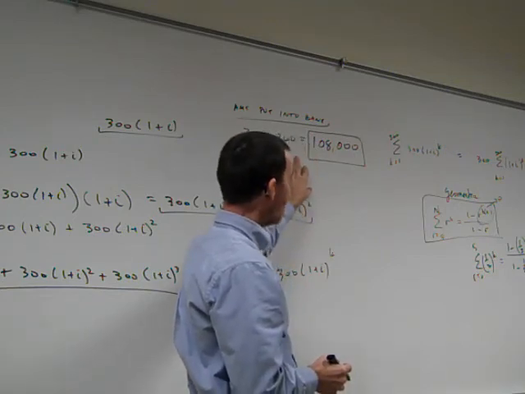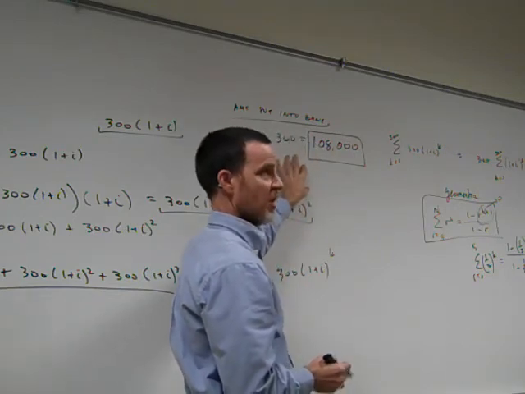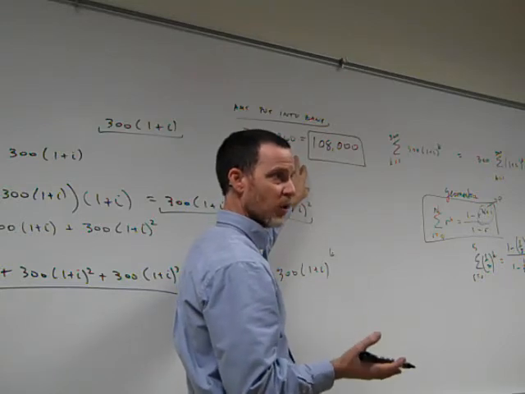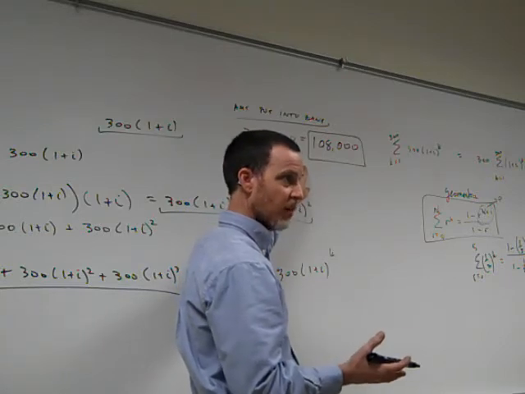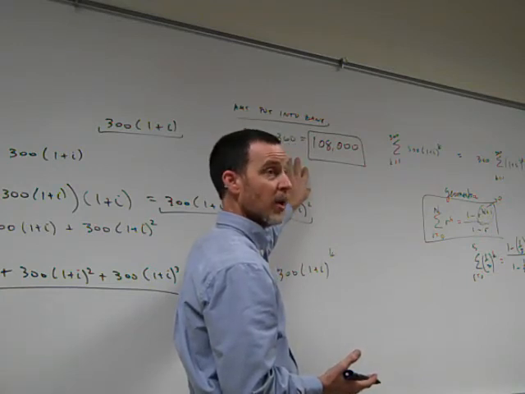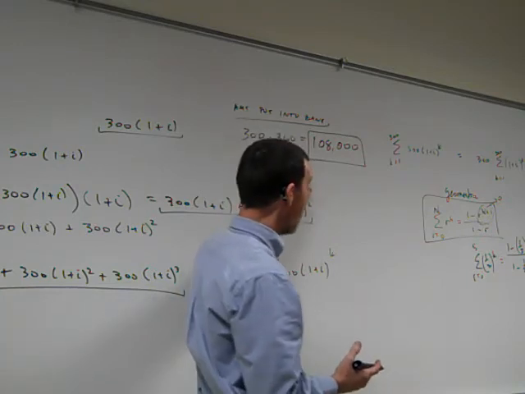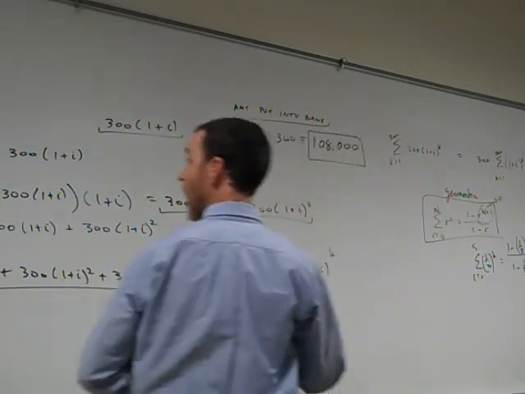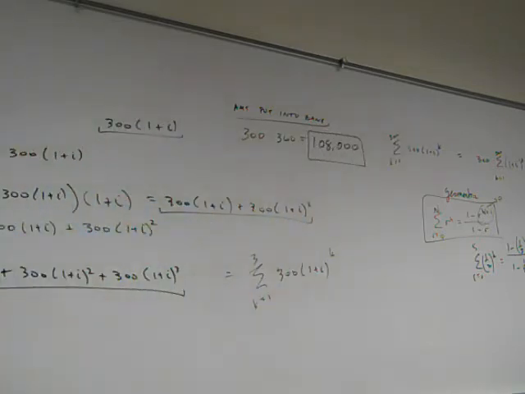But reality is much, much greater than this, because when you get out of here, you'll have a retirement account wherever you get a job, and you'll be able to put a lot more than $300 a month away. But you can now figure out the question of, how much money do I need to put away?